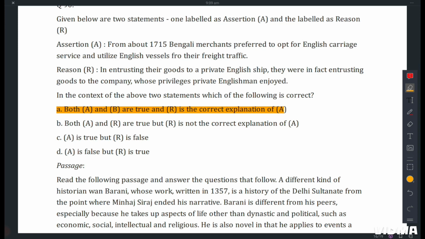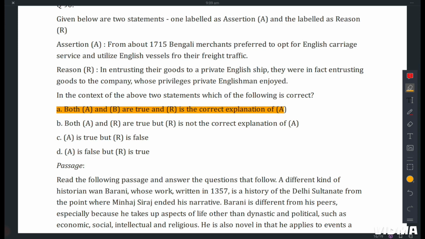And the decline of traditional trading structure with its node in Surat went under the aftermath of Mughal decline. क्योंकि मुगल पावर भी डिक्लाइन हो रहा था एंड ब्रिटिश पर ज़्यादा ट्रस्ट था, उनके वेसल्स पर ज़्यादा ट्रस्ट था टू कैरी द प्रोडक्ट्स, टू कैरी द थिंग्स. देयरफॉर द बंगाली मर्चेंट्स प्रेफर्ड द इंग्लिश शिप्स.